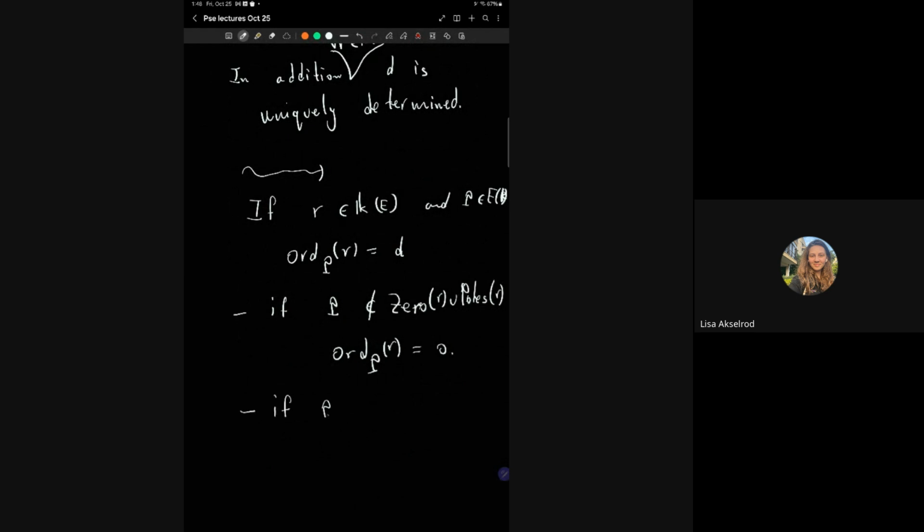If P is a 0 of R, then the order of R at P is positive.